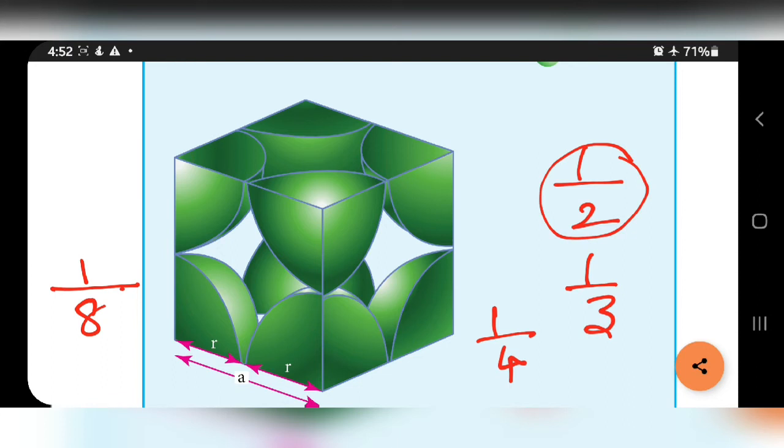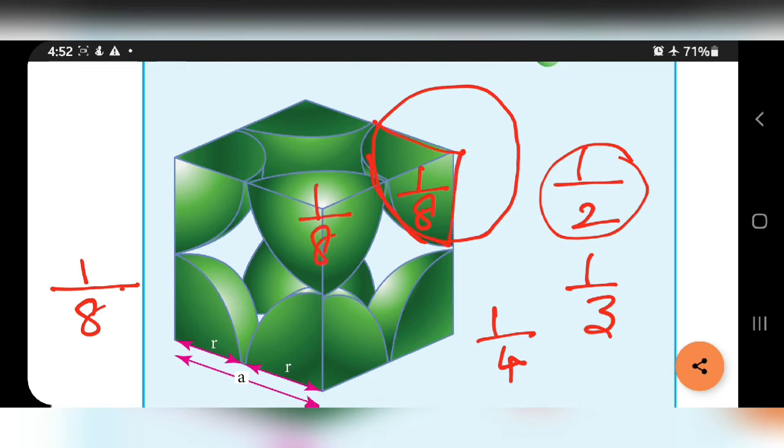Like that, if one atom is shared by 8 unit cells, each unit cell gets 1 by 8 part of the atom. So the size of the part of this atom is 1 by 8 only.